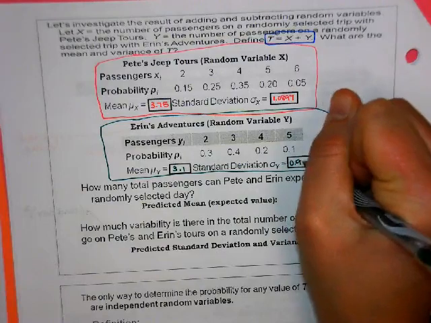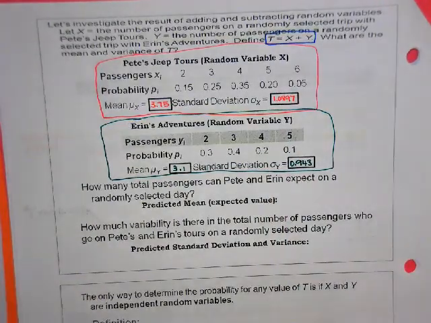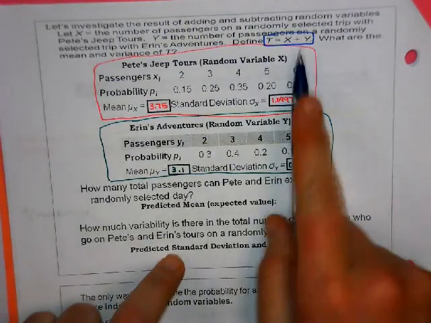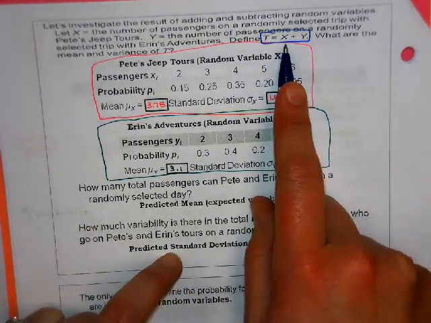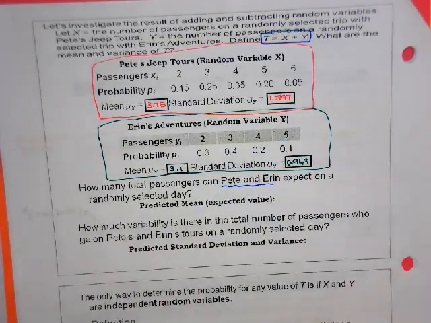Questions? Okay. So, how many total passengers can Pete and Aaron expect on a randomly selected day? So, Pete, we used X. Aaron is Y. So, when I say Pete and Aaron, really I'm taking X plus Y. So, we're going to make a few predictions.